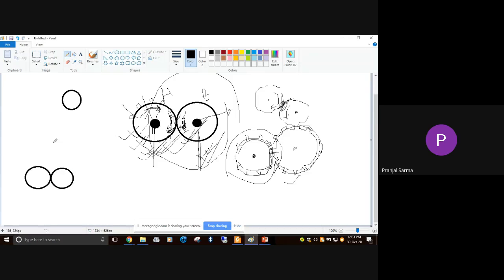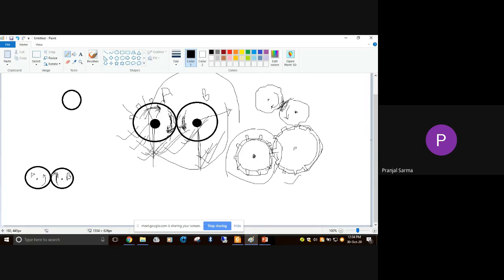Suppose this gear is moving like this, this is the driver A, and the driven gear is getting the motion from it. If the driver is rotating in the anti-clockwise direction, then due to this engagement the driven gear is going to rotate in the clockwise direction, so the direction has already changed.